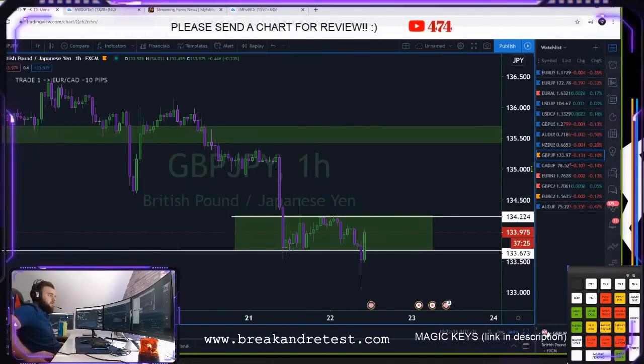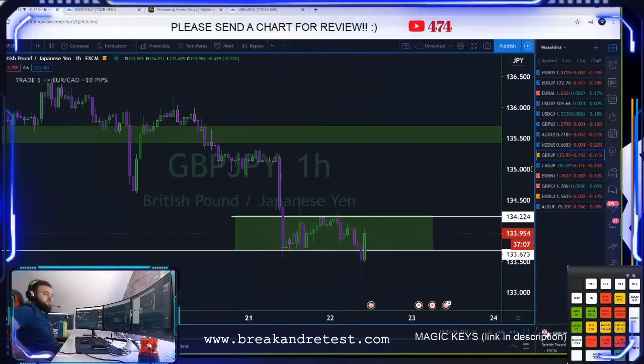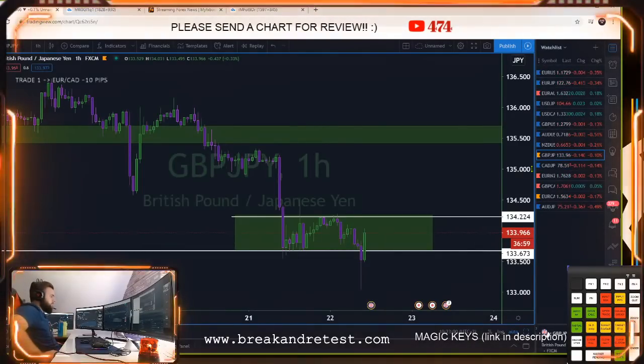Then finally USD CAD broke above that 4 hour level yesterday, and it gave us a lot of pips. Even though I entered late, I still got like a 50 or 60 pip move. So it's just about patience. Wait for the perfect setup, then you get rewarded.